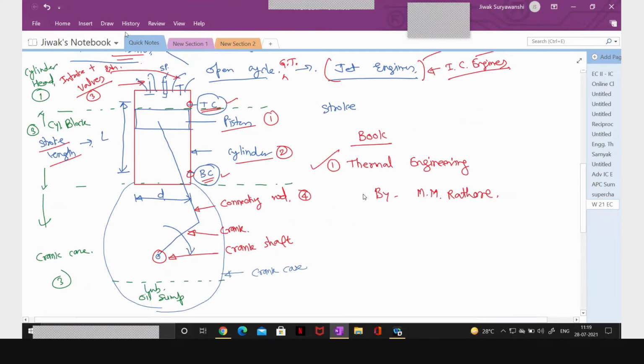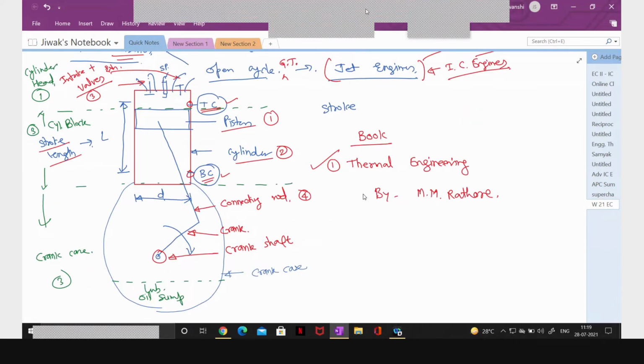Yes, roll number 39, Ajinkya. Roll number 39, Ajinkya, are you there? Then roll number 59, Pratyusha.